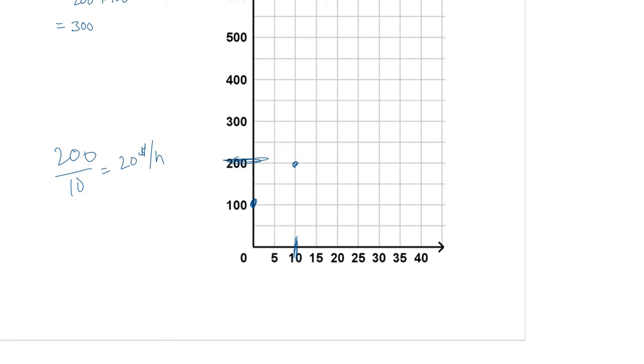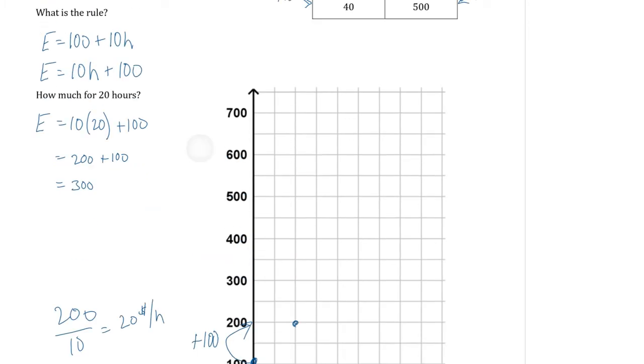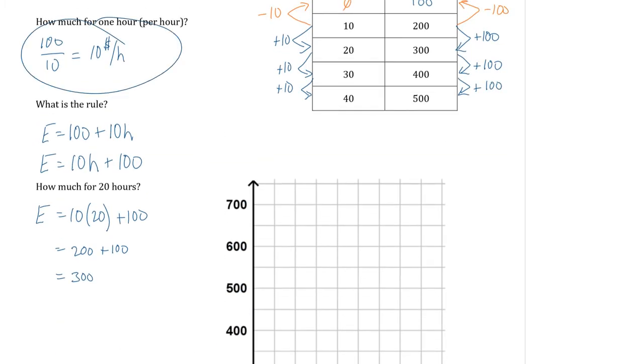But it looks like $200 in 10 hours would be $20 per hour. That's because I started at 100. Maybe you're already starting with that amount of money in your bank account. Maybe that's what it is. So I've changed from 100 to 200, which is up 100. And that took me 10 hours from 0 to 10, which is a total, like we saw before, of $10 per hour.